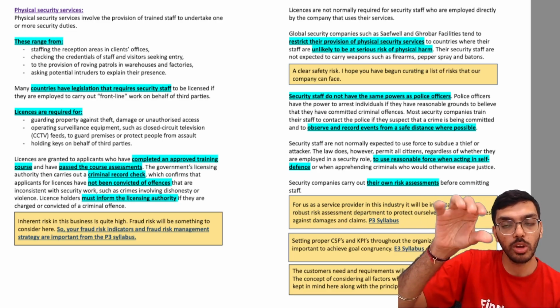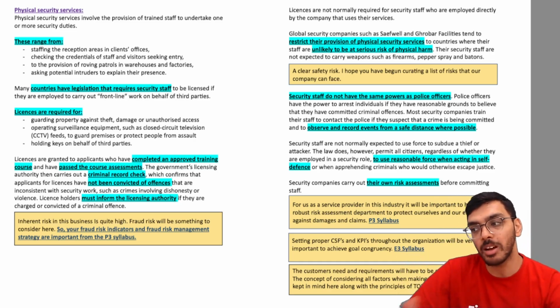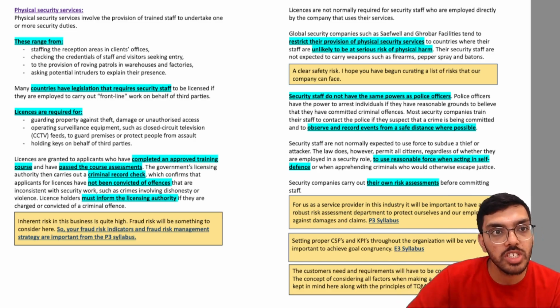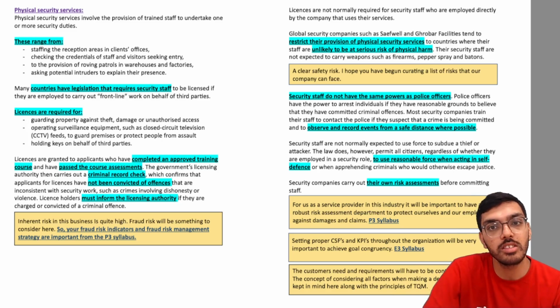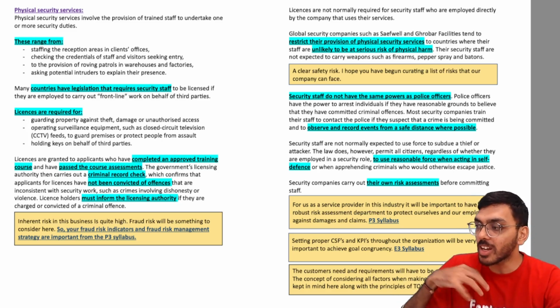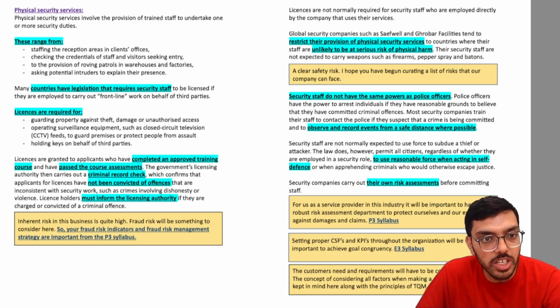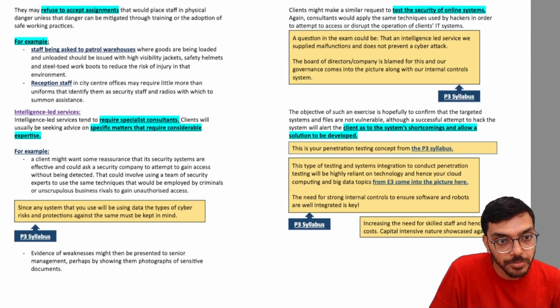Because third parties are involved, for example, X company is employing Saefwell to give them physical security personnel, then licenses become required. But if I as a company am directly going outside and hiring people, then licenses are generally not needed because no third party comes into the picture.